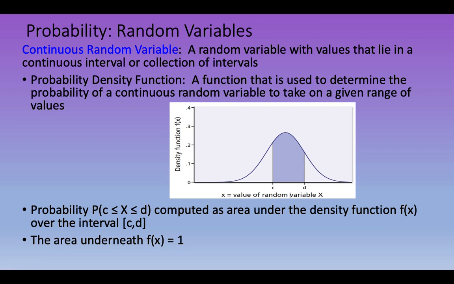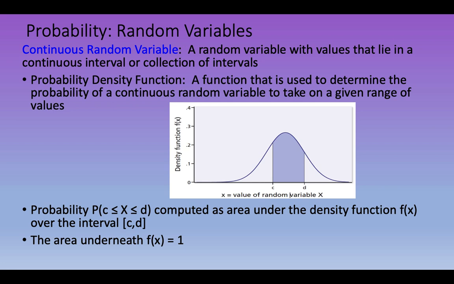I think it's important for us to remember what we're doing. When we think about what we're actually doing in these probability calculations, if we go back to our discussions about continuous random variables that I brought up earlier, what we're looking for is the probability that a random variable value lies in a specific continuous interval or collection of intervals.